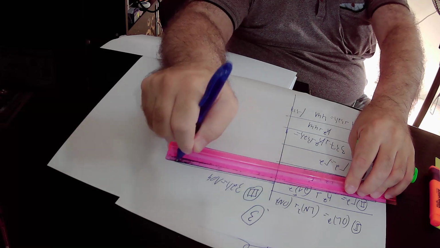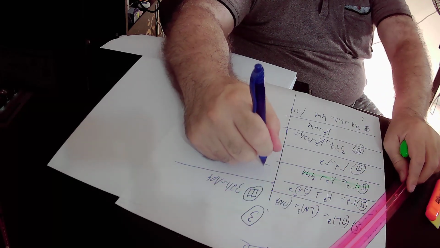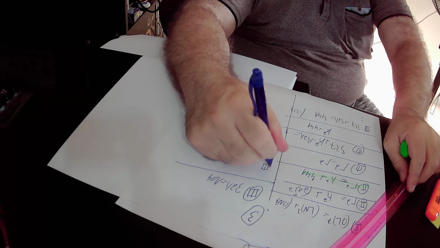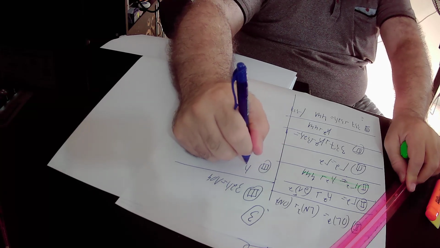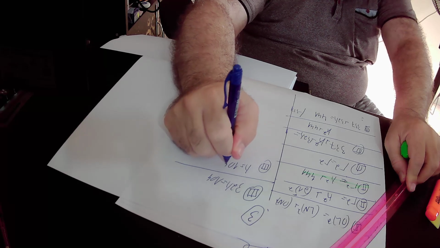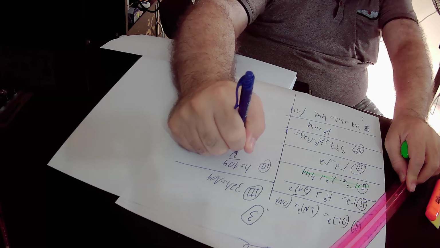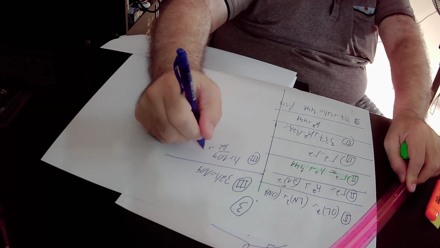Here we divide this equation by 32, and we get that H equals 104 over 32. That is actually equal to 3.25 units.